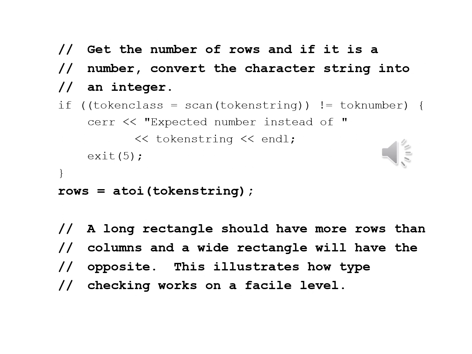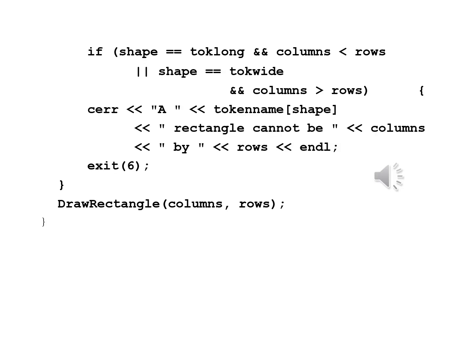Now we are ready to scan and read in the number that indicates the number of rows. It's a string right now. We convert it to an integer and save it. We're now ready to do the comparison, so we'll see whether we do have a long rectangle as we expect, or we have a wide rectangle as we expect. And now we do our basic type checking.